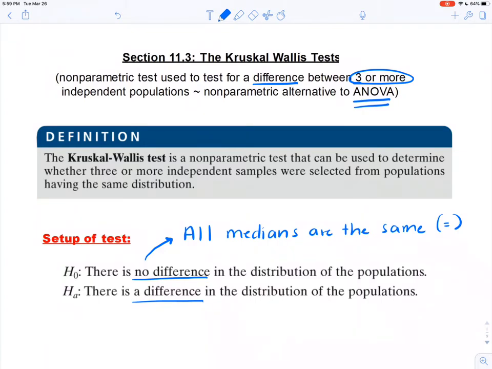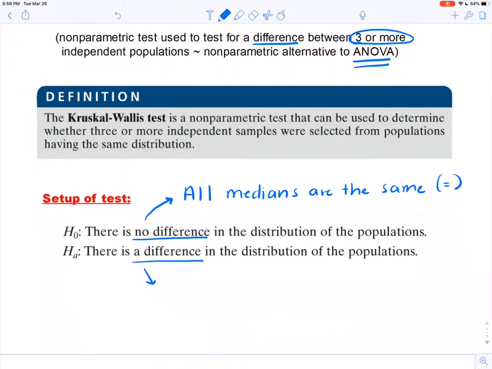If there's no difference, the medians would be equal to each other. And if there is some difference present, then the opposite of this would be that all of the medians between the different groups are not the same or not equal to each other. So just a different way that can be worded in some cases, so just watch out for that.